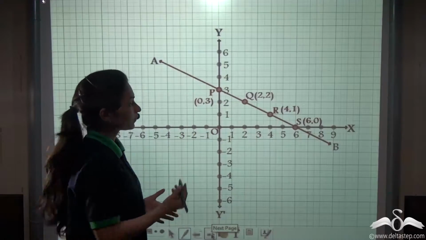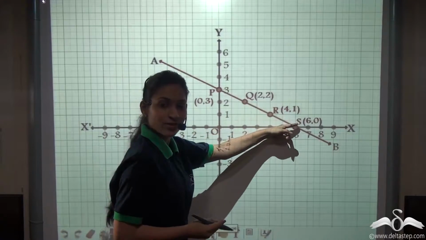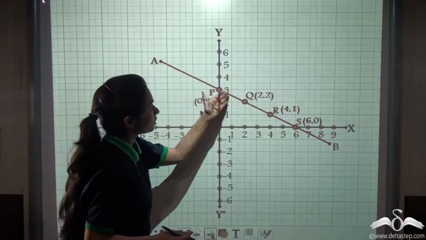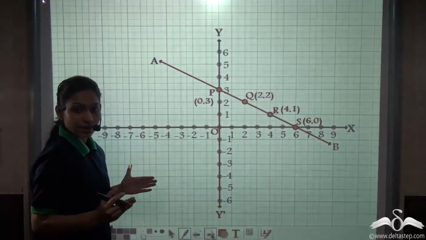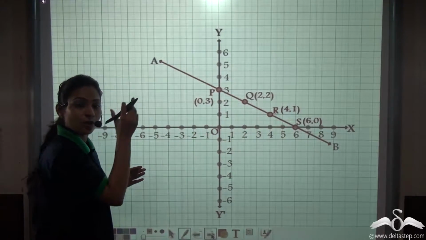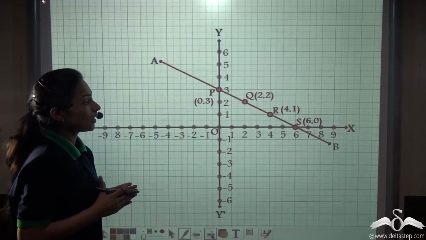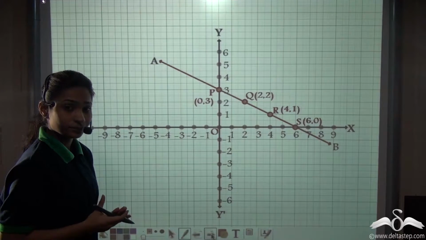You can see that. For your convenience, we have named these points P, Q, R and S respectively, and the line joining them has been named AB. So AB is the line joining the points P, Q, R and S which we obtained from the equation. Well, what can you see from this line? Isn't it a straight line?